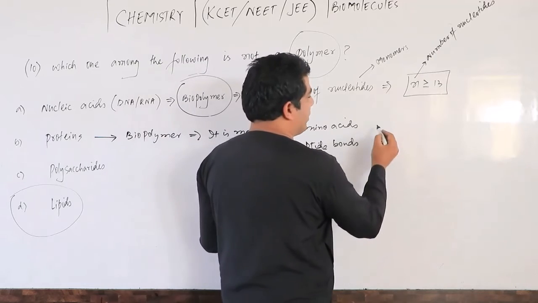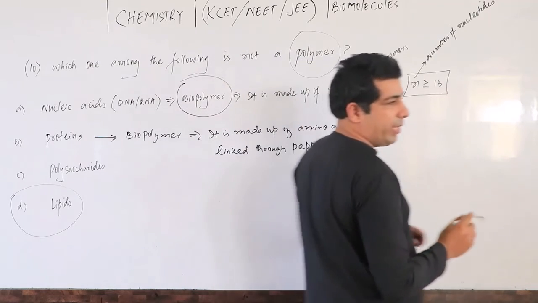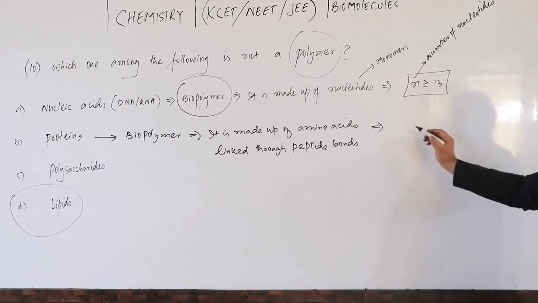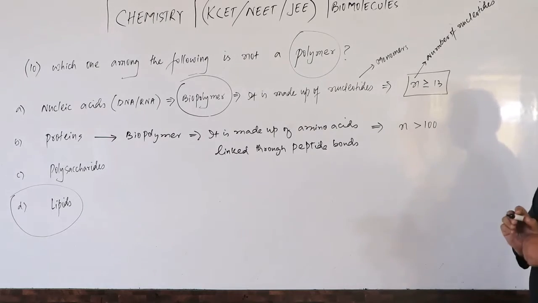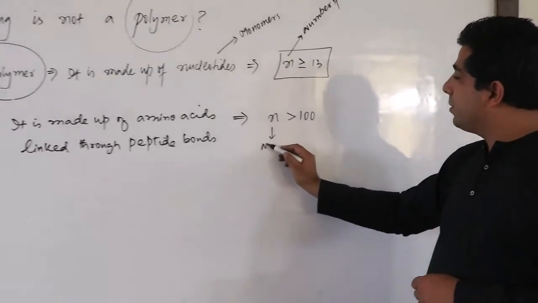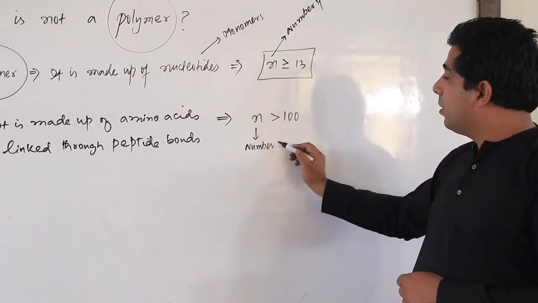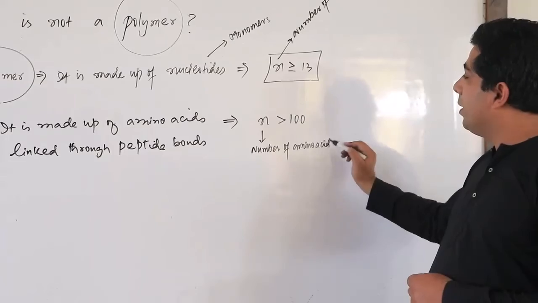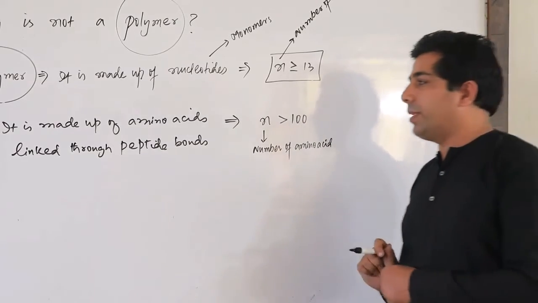So my dear friends, here the N value, N stands for number of amino acids. So the N value should be greater than 100. Number of amino acids in a protein should be greater than 100. Remember that.